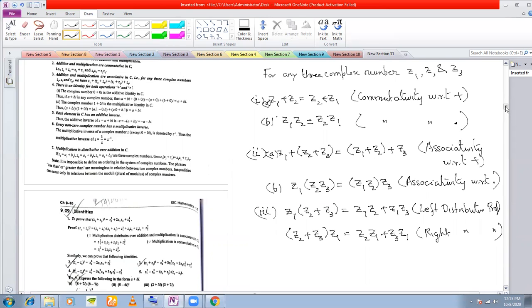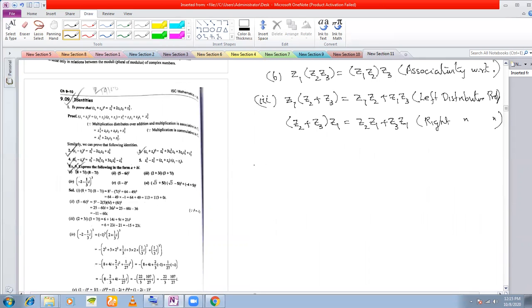Now, the question here is, can you show that Z1 plus Z2 whole square is equal to Z1 square plus twice Z1 Z2 plus Z2 square? Does this formula hold in case of complex numbers?